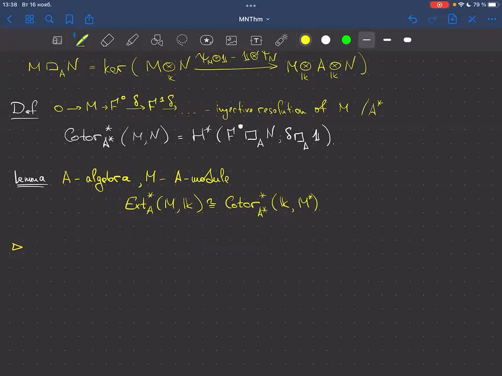So I don't know if I should present a proof here, but it is more or less just a bunch of equations. So consider just Ext from M to K. What is Ext by the definition?